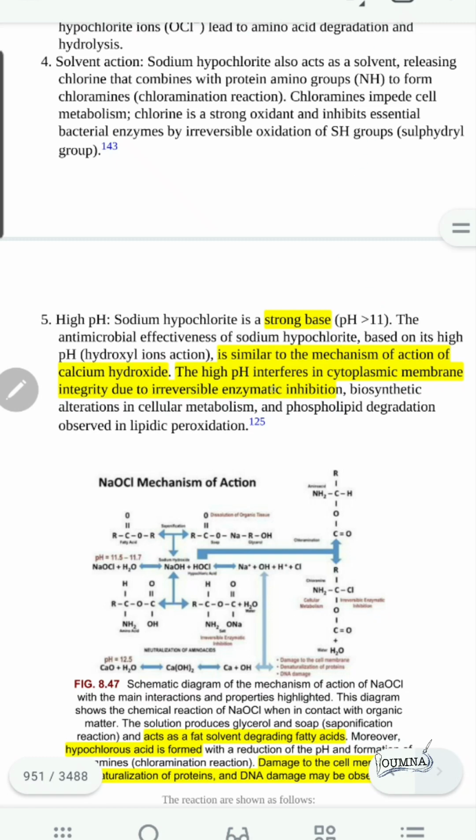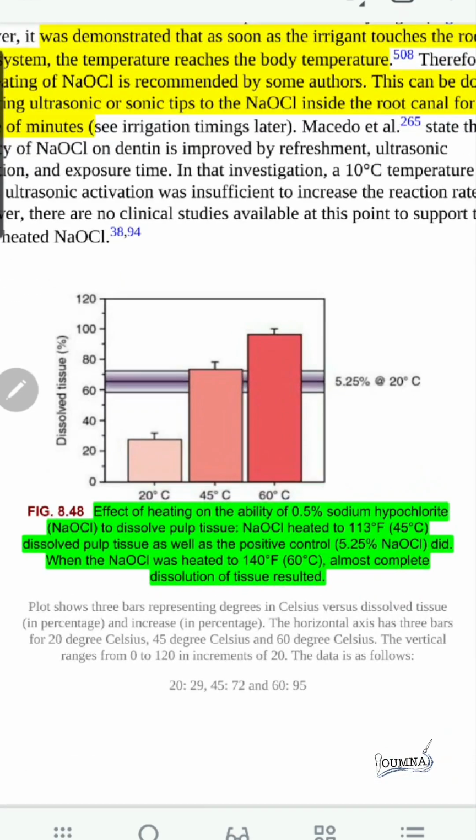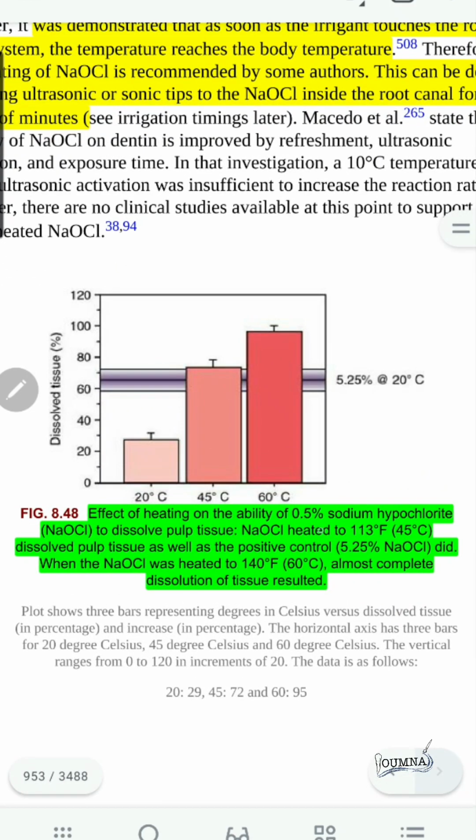This high pH interferes with cytoplasmic membrane integrity due to irreversible enzymatic inhibition. Let's discuss the effect of increasing the temperature of the hypochlorite, if it alters its efficiency in dissolving the organic substances.